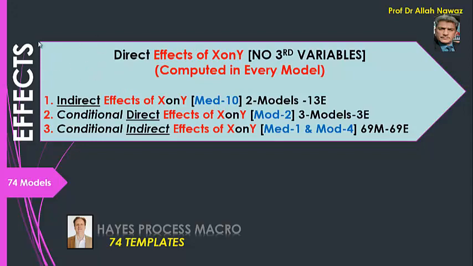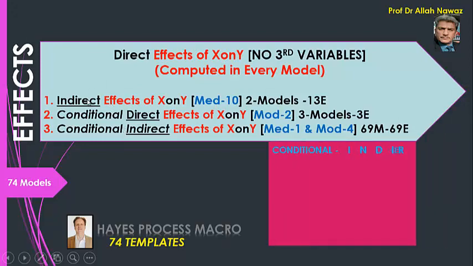So the question of indirect effects, conditional direct effects and conditional indirect effects means that the Hayes PROCESS macro provides us 74 templates to measure not the direct but the indirect effects, because the direct effects will be computed in every model.